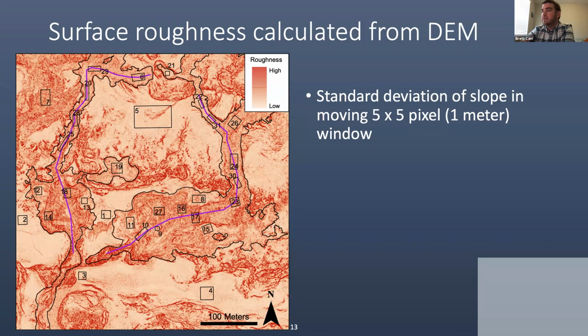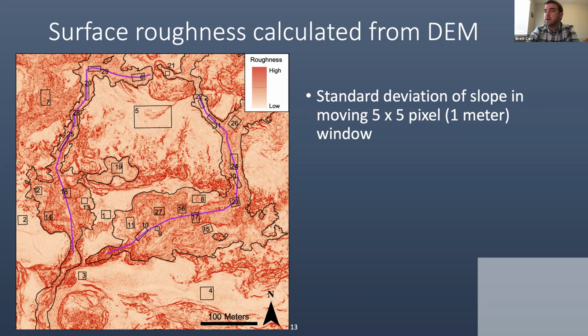In this case, for computational simplicity, we calculated the roughness as the standard deviation of the slope in a moving 5 by 5 pixel window over the whole map. A 5 by 5 pixel window is about a 1 square meter area, so this is going to be sensitive to changes in the surface texture on the order of 1 meter.